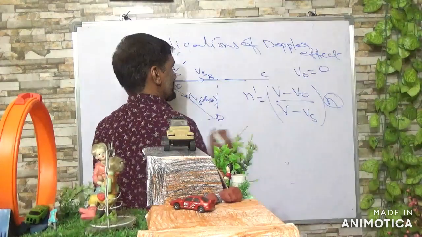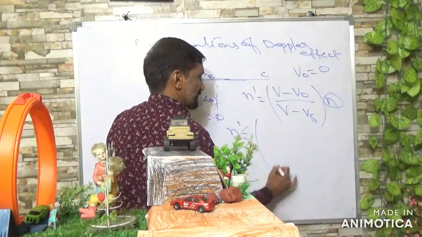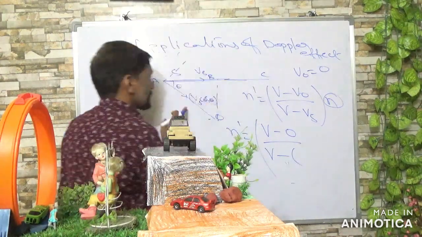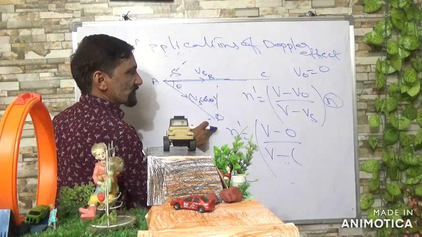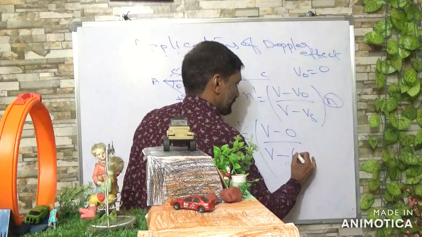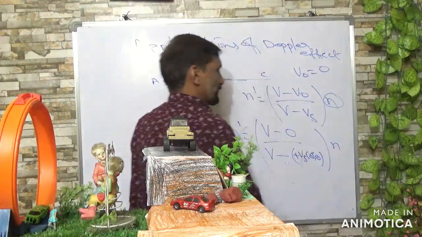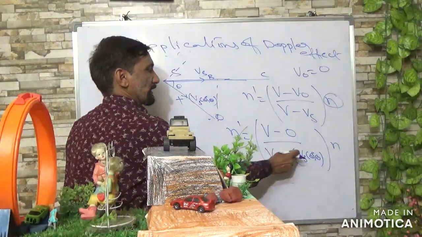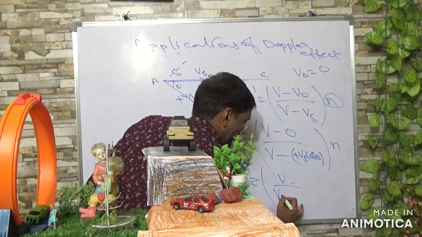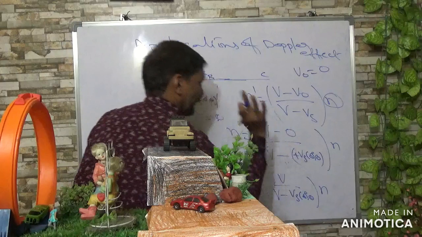Now about Vs: as the source is moving towards the observer, Vs will be taken positive. Into n, plus into minus is minus. So you get V by V minus Vs cos theta into n.